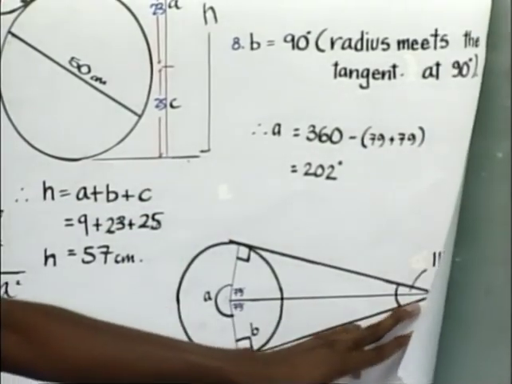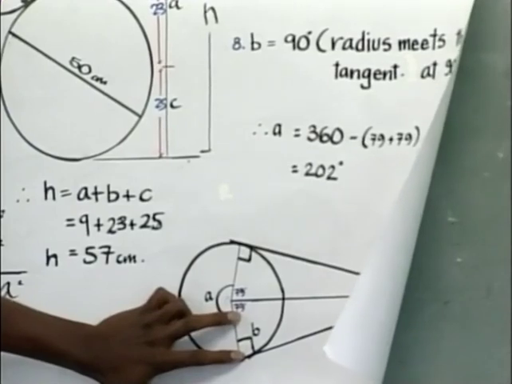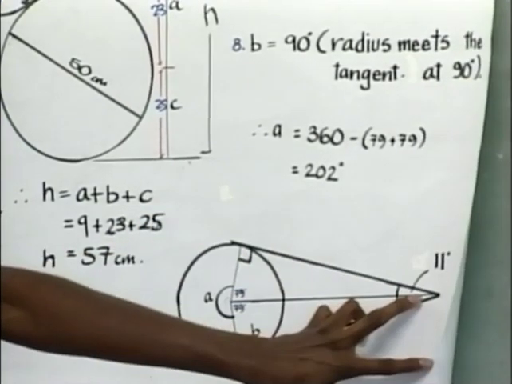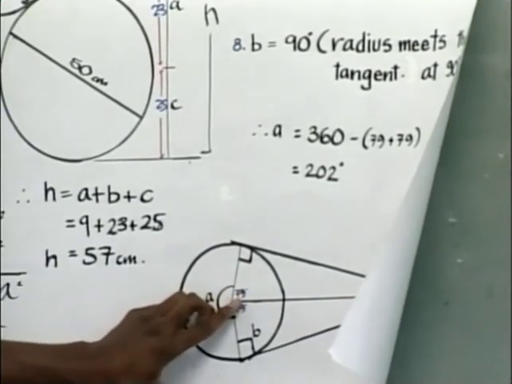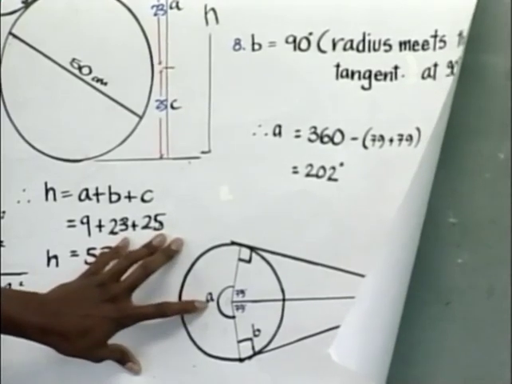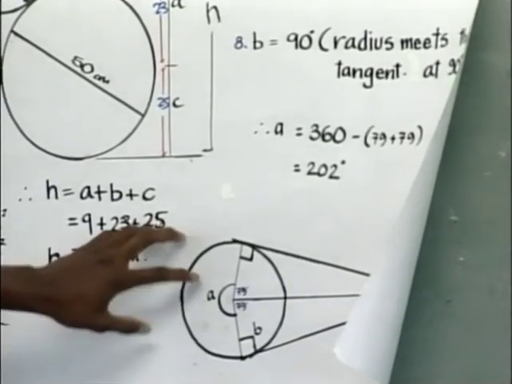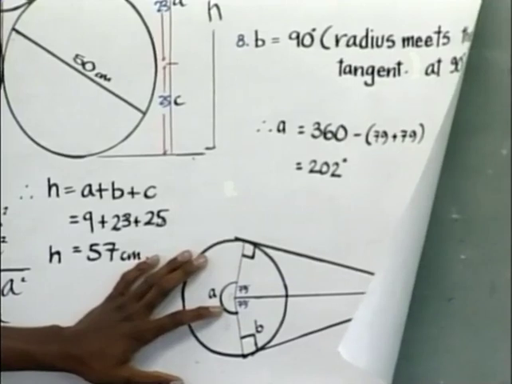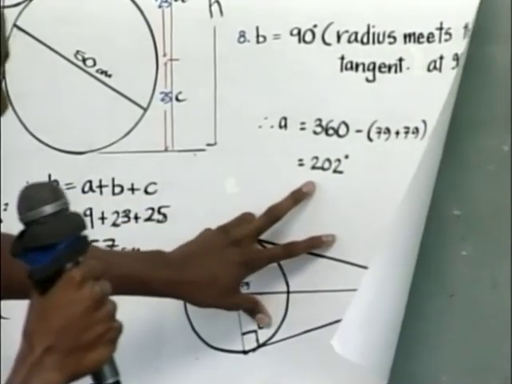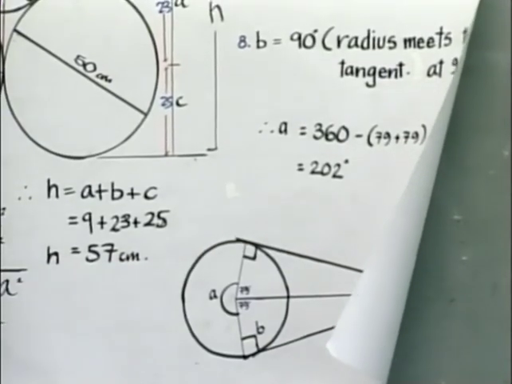This is 11, so that makes this angle here 79. This is the same, this is 90 degrees, this is 11, so this angle here is 79 also. To get the reflex angle A, you subtract 79 plus 79 from 360, and you get 202 degrees.